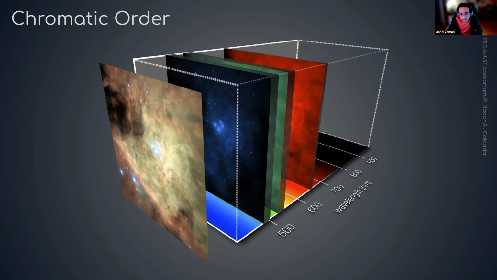But of course, this is not the only method to colorize those filters and turn them into a colorful image. But this is one of the main ones. So I want you to have this in mind when you want to create a colorful image for yourself. This is the chromatic order. This is probably your best friend and way forward. But there are other ways that we will also explain later.